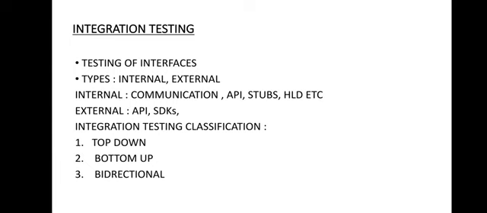One of the methods of achieving interfaces is by providing application programming interfaces. APIs enable one module to call another module. The calling module can be internal or external. Here we are considering the internal modules only.